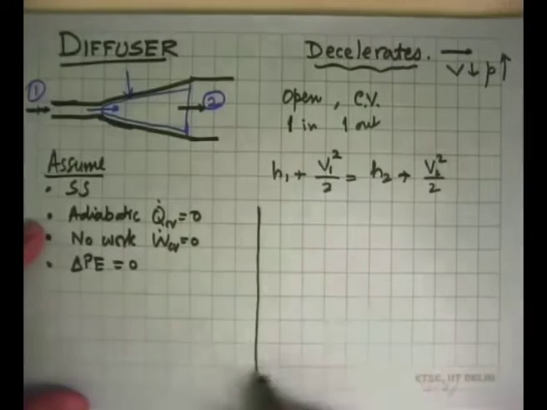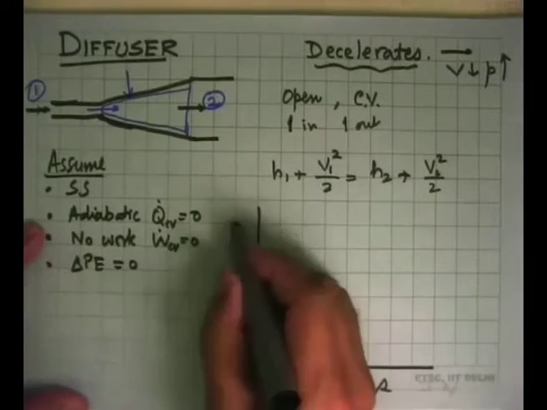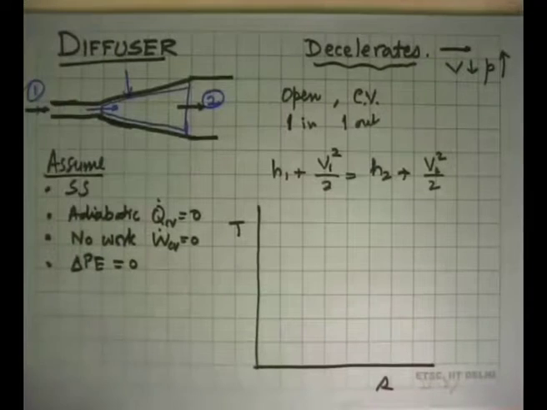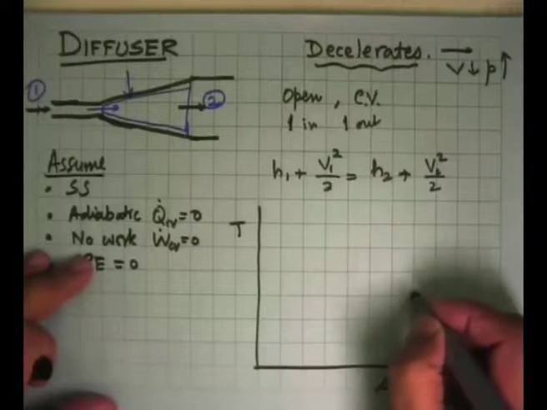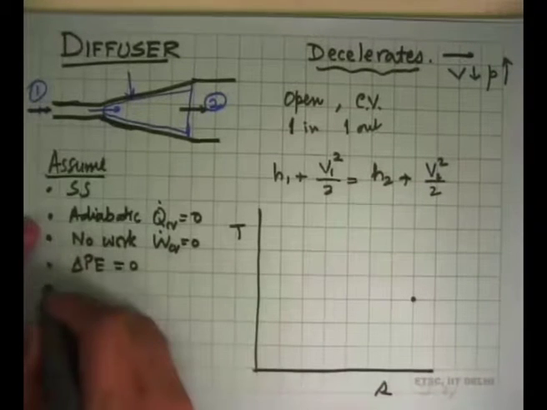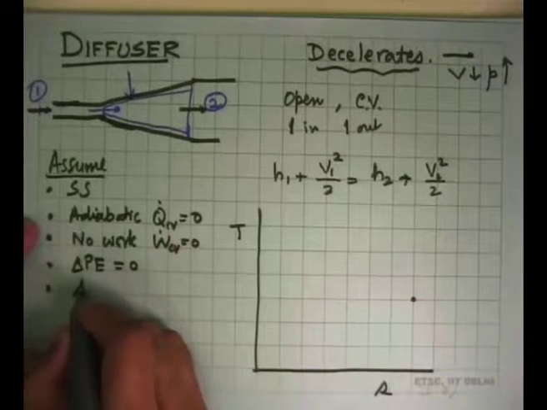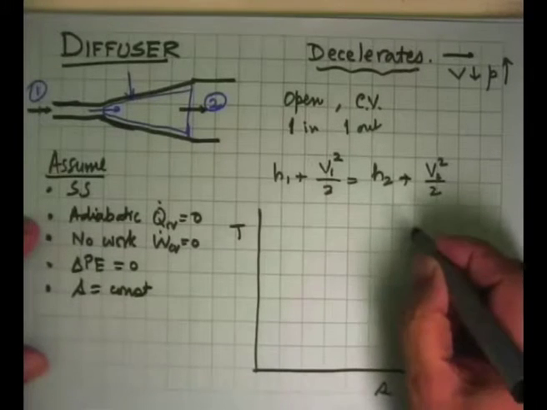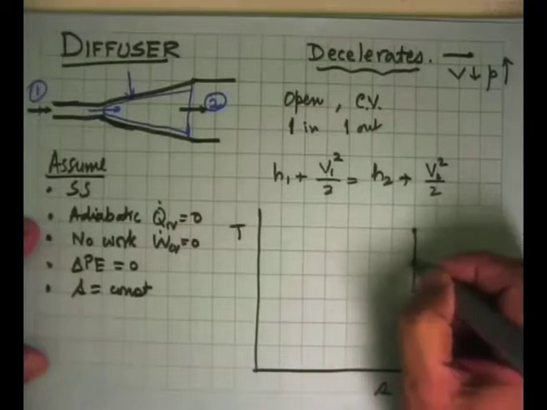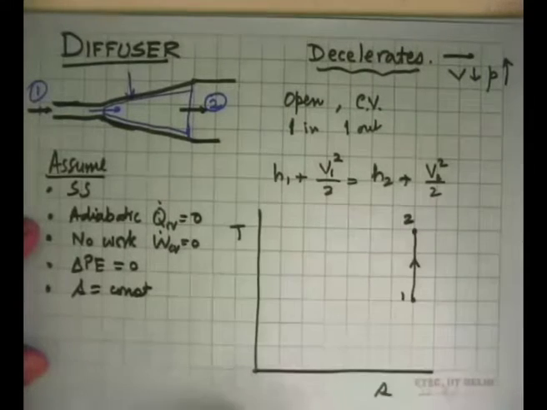If you plot it on a TS diagram, if it is an ideal gas, it is the ideal case if we assume that S is constant, isentropic. So it starts from here and goes there, state 1, state 2.